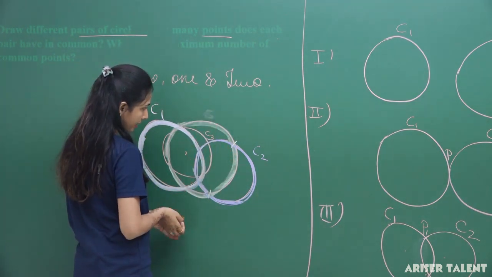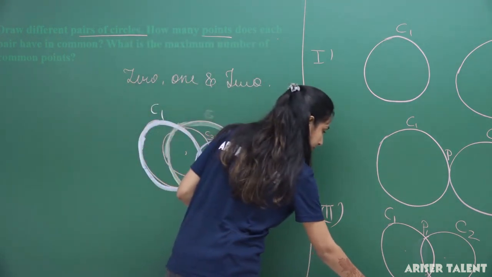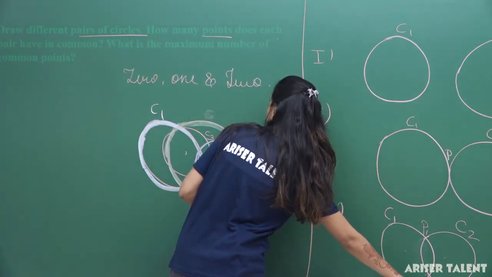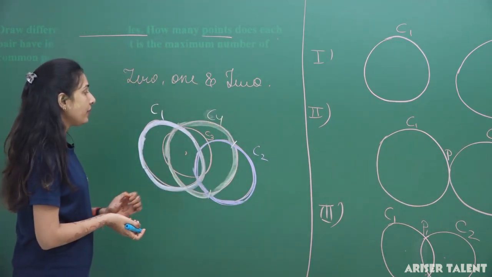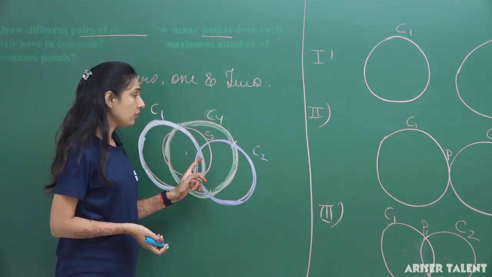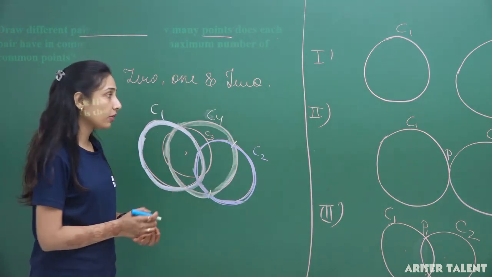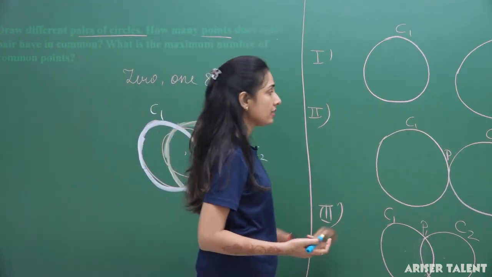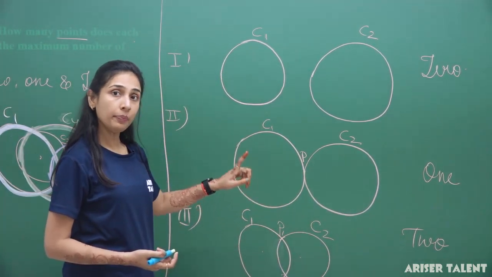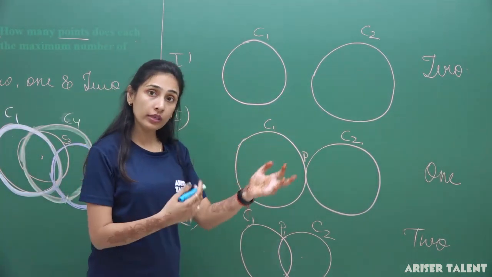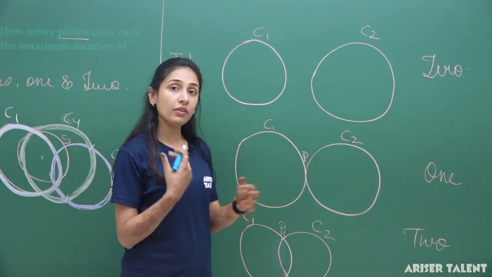Okay, and C4 is here. This is C4. If you pick any two circles, you will find that a maximum of 2 points can be drawn. In the second case, if the situation is like this, there will be 1 point. In one more case, there may be one more case.